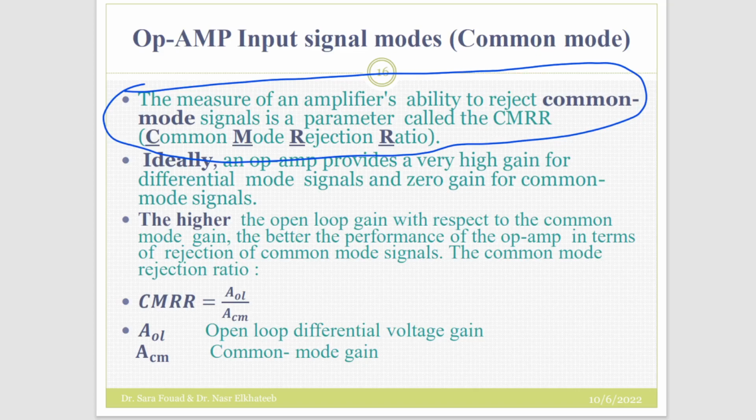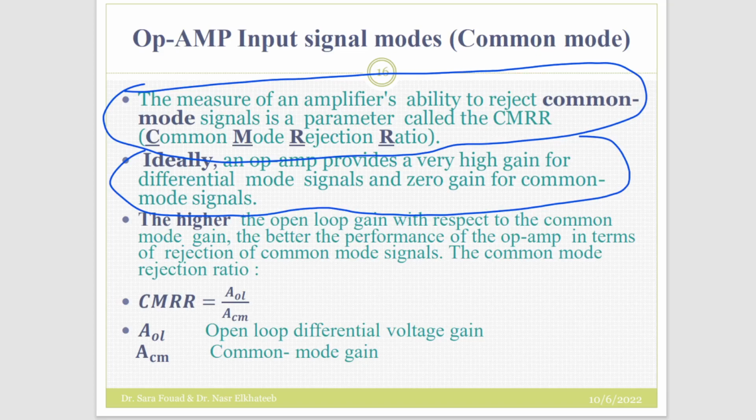Ideally, an op amp provides a very high gain for differential mode signals and zero gain for common mode signals. We have talked about how an ideal op amp doesn't exist, only on paper. This ideal op amp provides a very high gain for differential mode signals and zero gain for common mode signals.